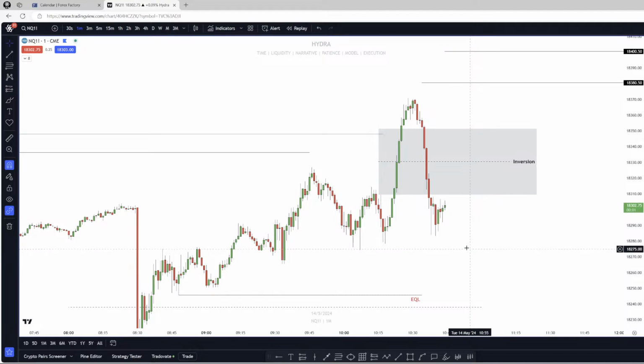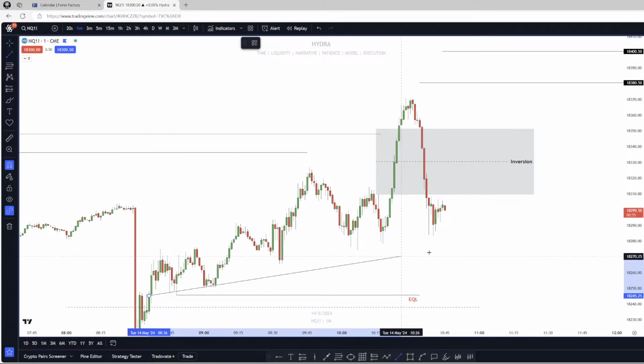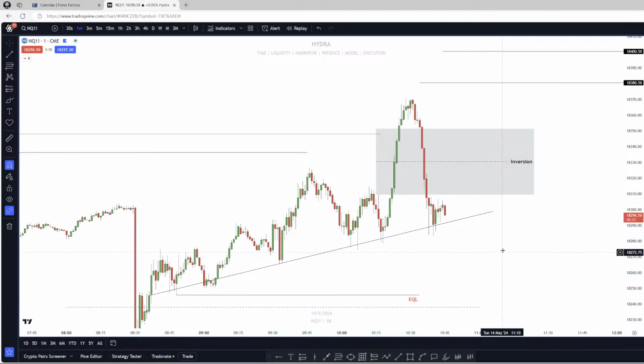I don't see any pennant yet. Just a very clean trend line down here.